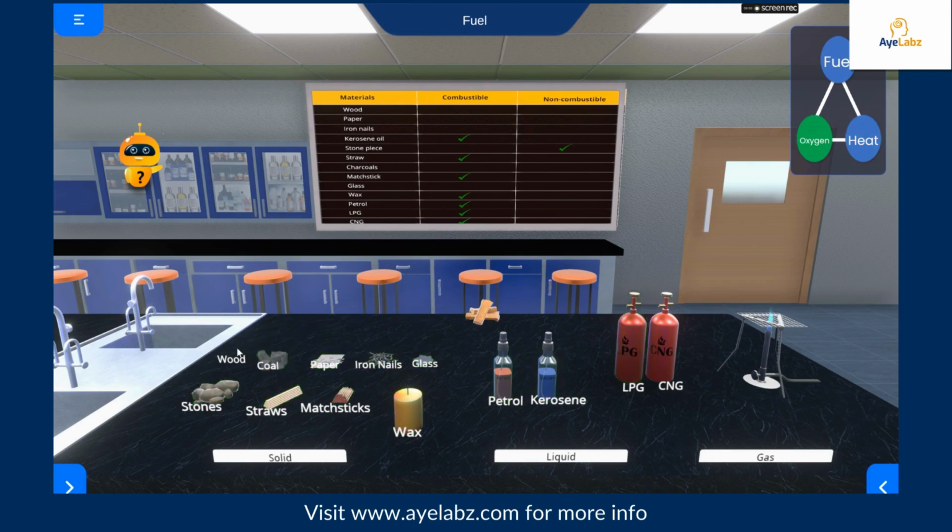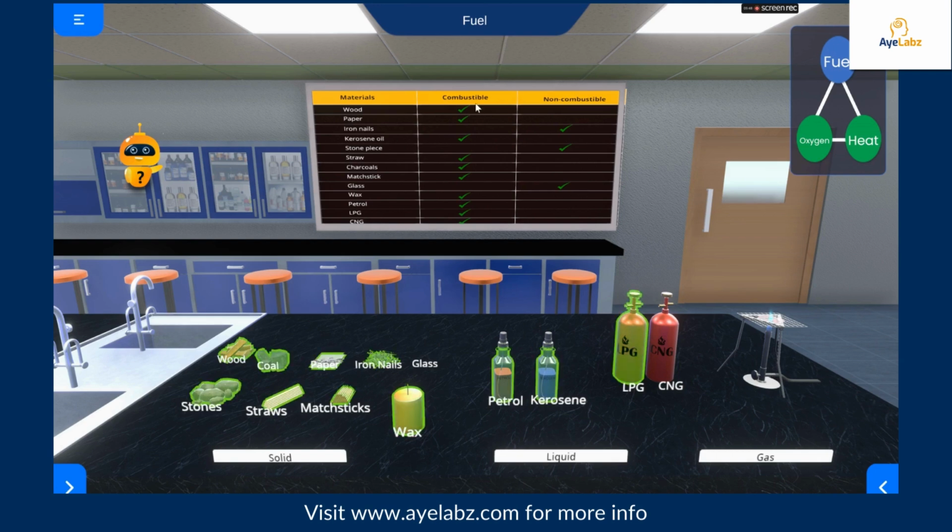Wood, coal, paper, iron nails, and as you can see, the glass is a non-combustible material.